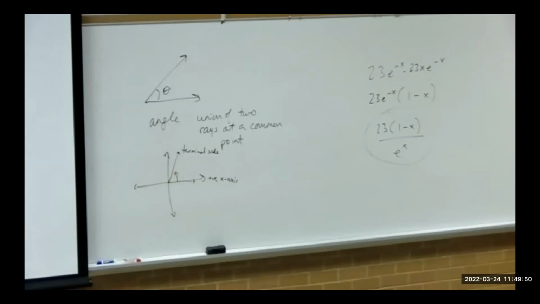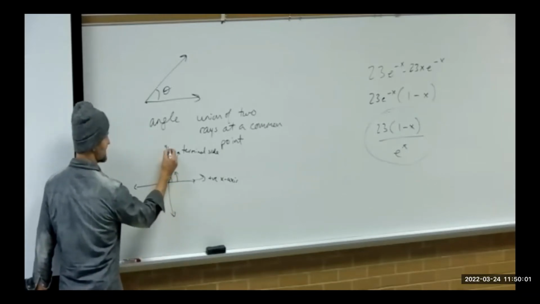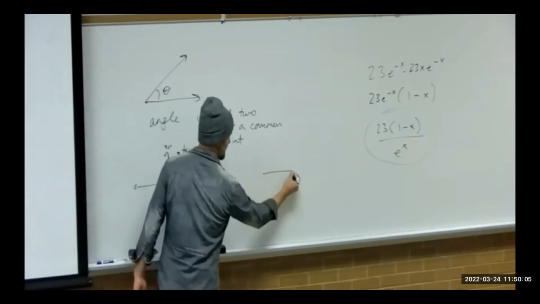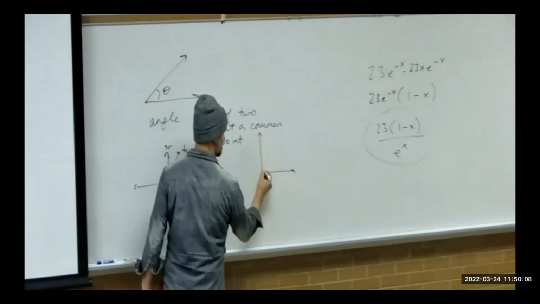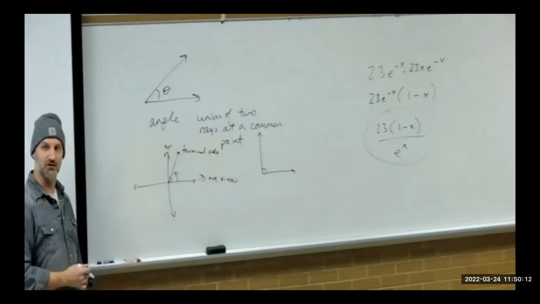It's less than 90 degrees. Perfect. Use 90 degrees as a tool to put little benchmarks. We know this is a right angle, so this is 90 degrees. If I had my ray going here and a ray going here, that's 90 degrees. So we know this is less than 90 degrees because we haven't gotten to 90 yet.